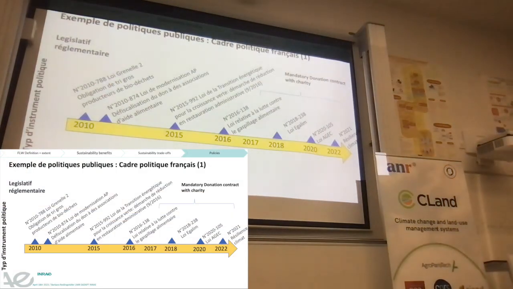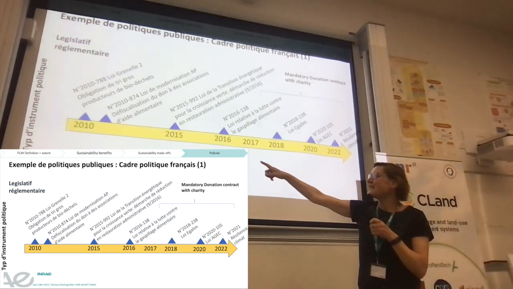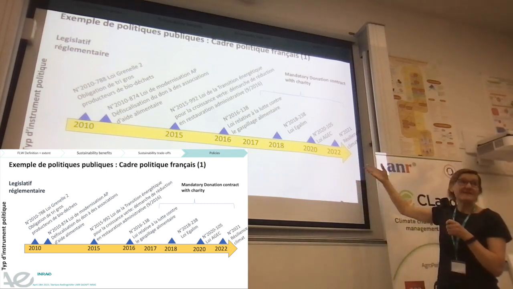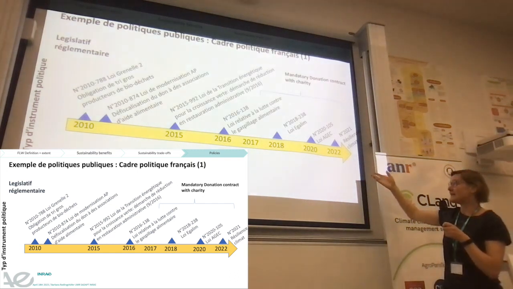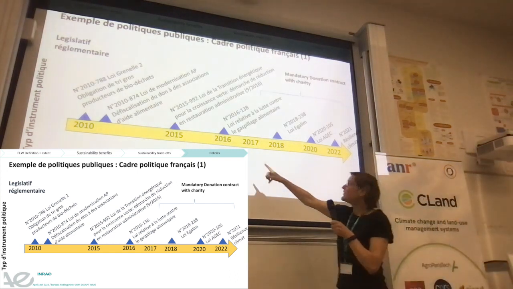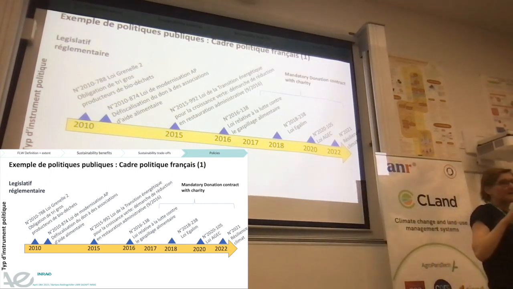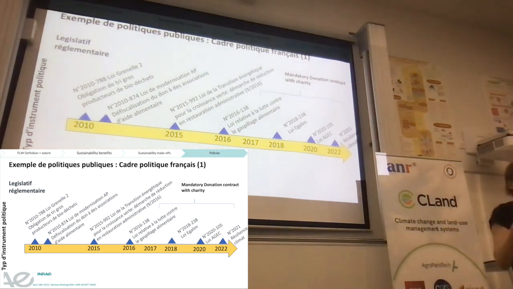In France, we also have a legal framework which pushes for food loss and waste reduction. I'm sorry, I kept the slide in French, but it shows a couple of laws from 2010 on that addressed food loss and waste reduction. And especially since 2016, a couple of laws push businesses to have a contract with charity to donate surplus food.